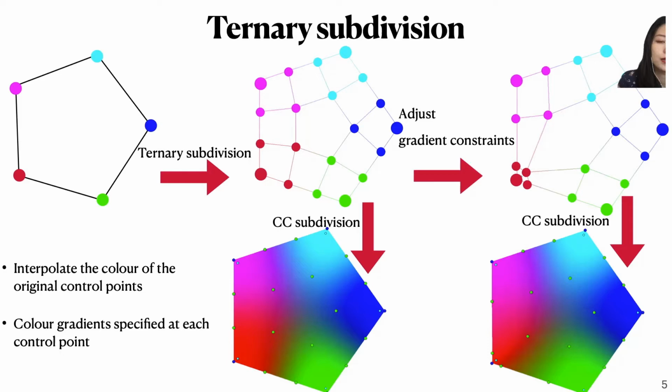You could consider these new points as color gradient constraints. You can adjust these newly introduced vertices to get larger or smaller influence of the original vertex color. So in summary, ternary subdivision ensures the colors of the original control points are interpolated, and users can adjust both the color and the shape with these new points.